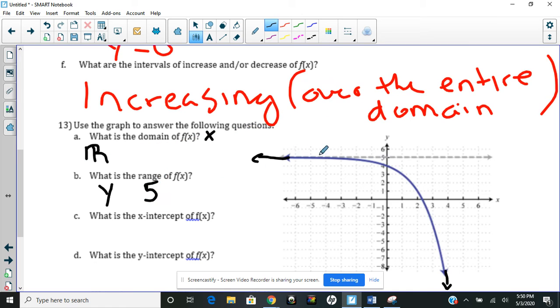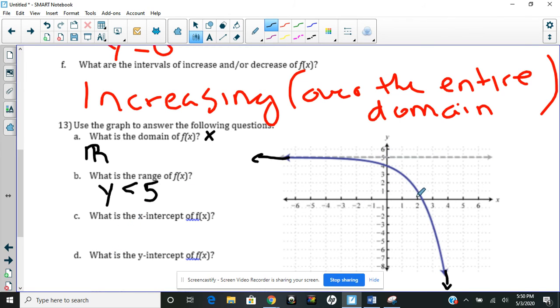If I look at the graph correctly, right here, I see the dotted line go through 5. Now I have to think about my symbol. Is this exponential function drawn above the line or below the line? Below, so it's less than. So I have y is less than 5.